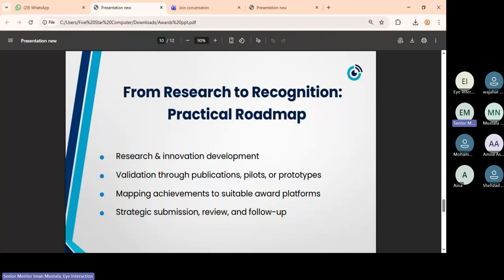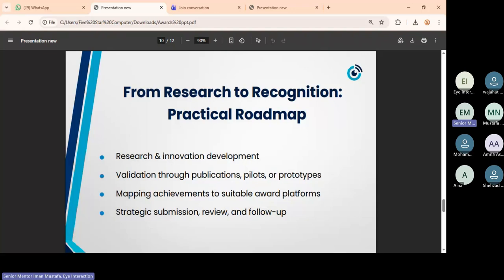The third one is to match it with relevant awards. Once you have decided what you are doing in your research, you have to match that with the award category, and select the award based on the category in which you are working, right? If you are working in the artificial intelligence domain, then the award must be of the tech category, not the sustainability category.